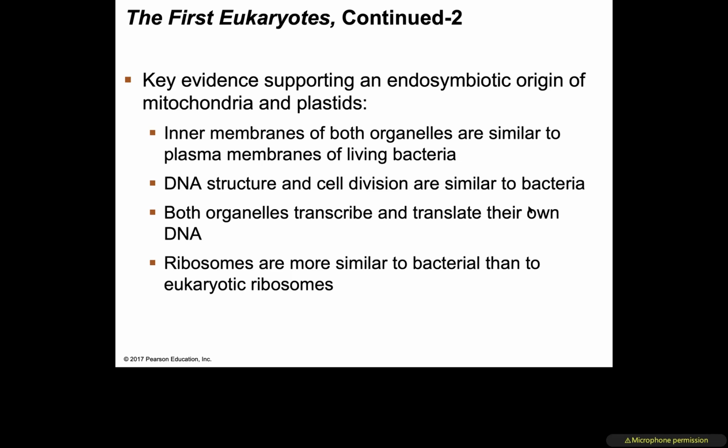They will divide independently of the host cell, and they make their own proteins. So this right here is continued evidence for the endosymbiotic theory. If I were you, I would put a big star on this slide. This is really going to sum up everything.